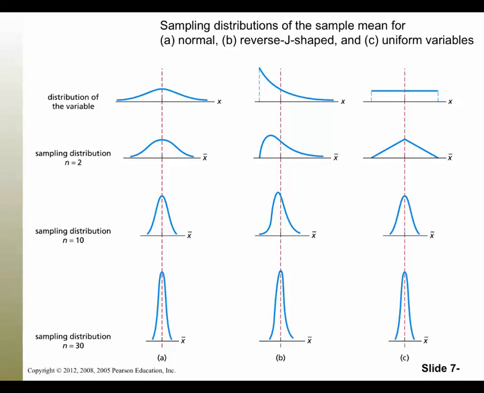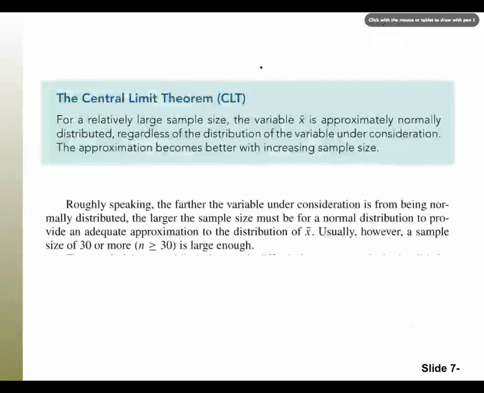No matter what the shape of your distribution is to start with, once you get up to large samples, like around 30 or more, then the distribution of sample means will be normal, regardless of what the population distribution is. Okay? And that's the central limit theorem.